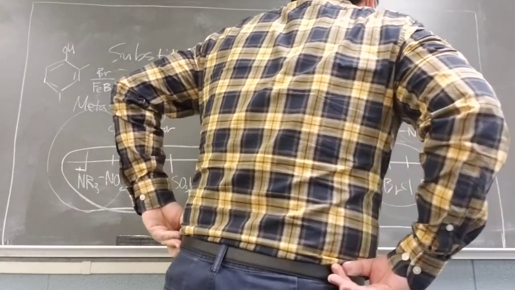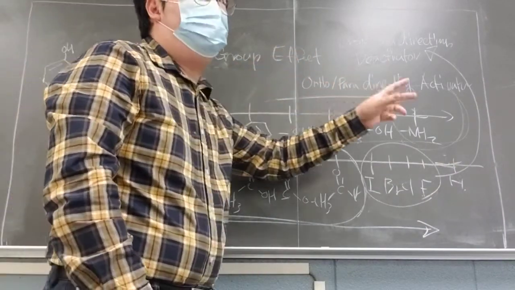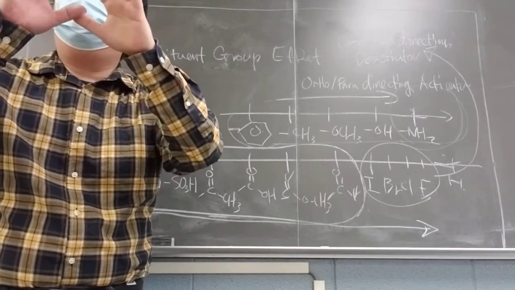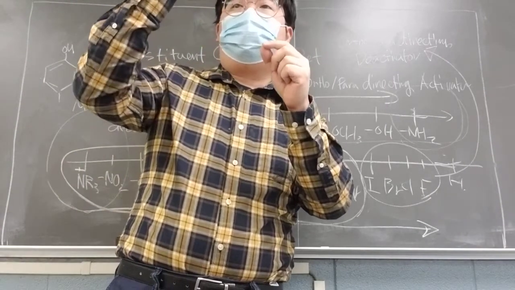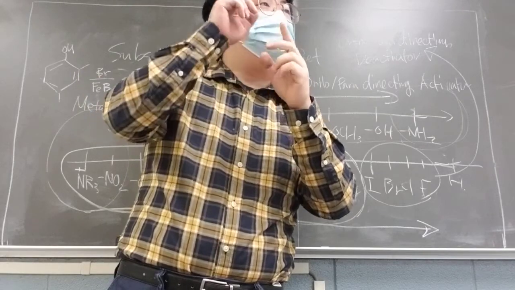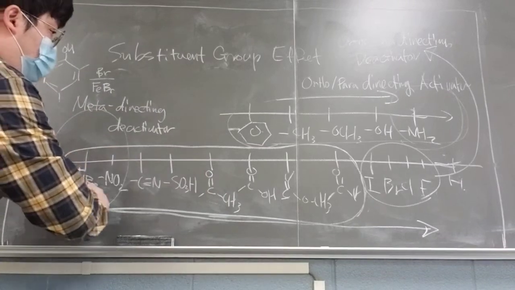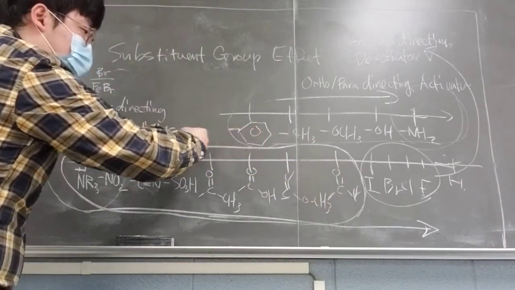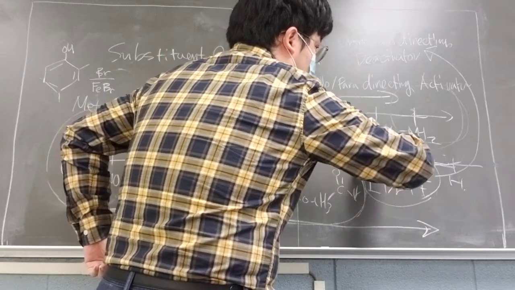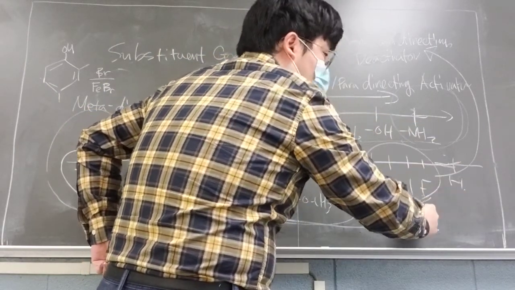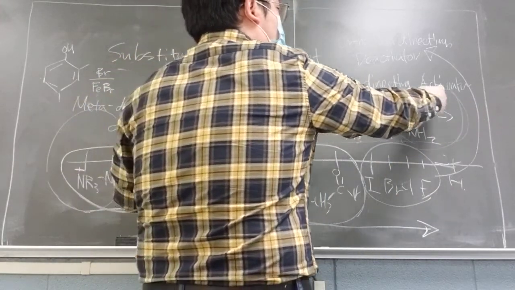So the substitution group effect is, if you have certain groups on the aromatic compounds, they will direct where your substitution would happen from there. Those are the ones we call meta-directing deactivator. This is the one we name ortho para-directing deactivator, and this is the one we name ortho para-directing activator.